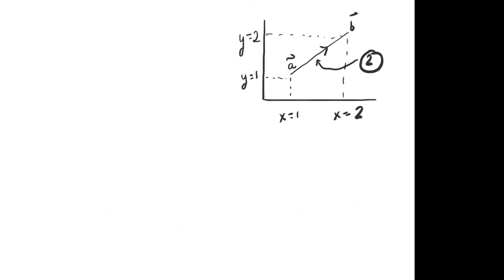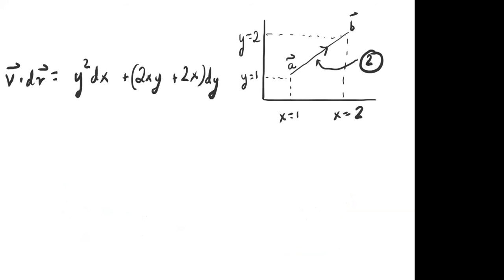So we've discovered that V dotted into dr is simply y squared dx plus 2xy plus 2x, the entire quantity multiplied by dy. So what I need to do is evaluate this expression over C2.